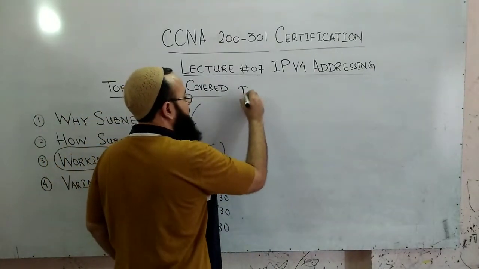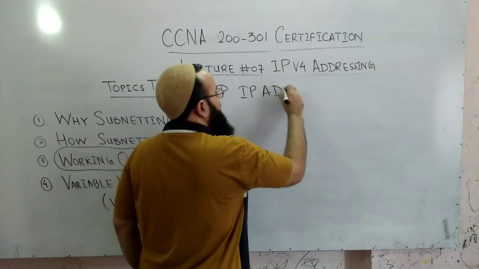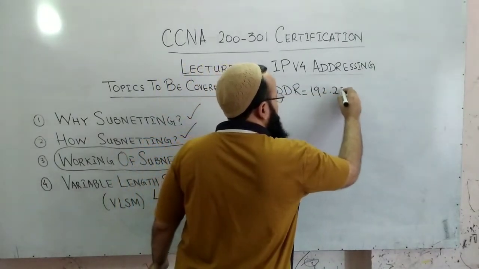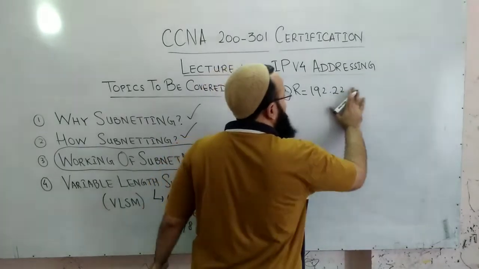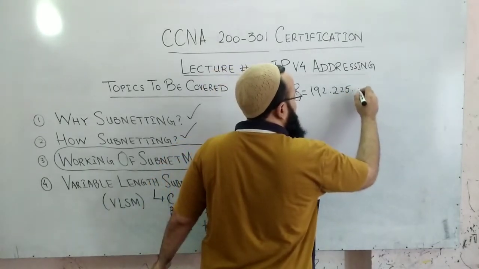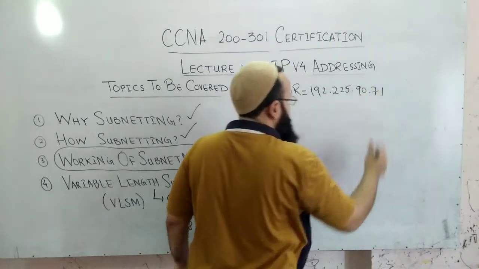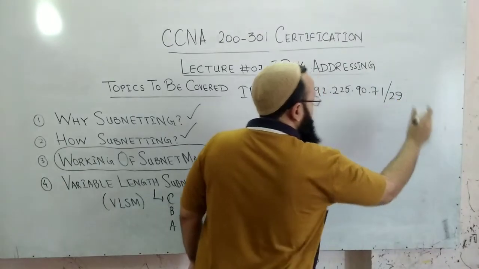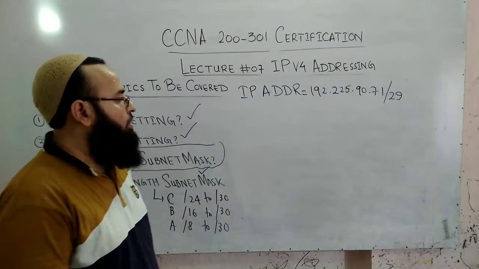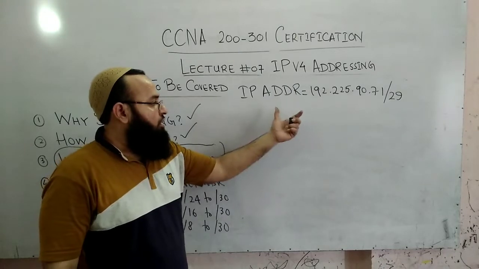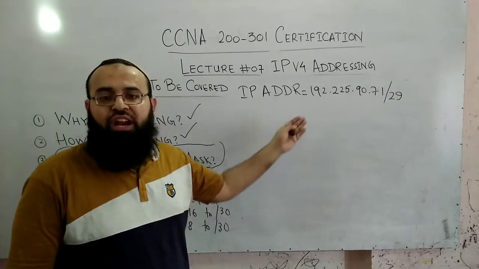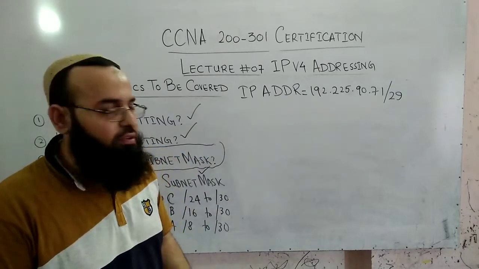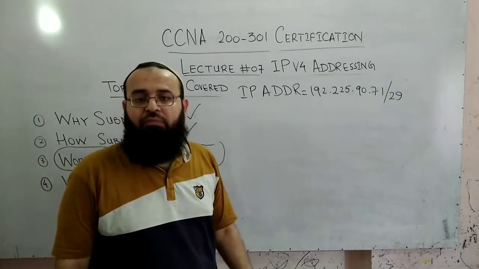Let us say we have an IP address 192.225.90.71, and with this IP address it is written that this is /29, and someone asks you what the network address of this IP address is, to which network this IP address belongs.